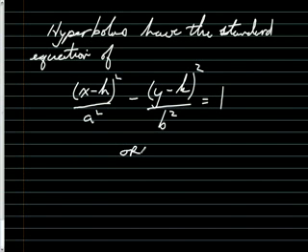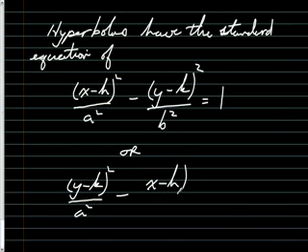Or, now this is a big or, okay? We might also have, now there's two ways to write this. I'm going to show you the way that I think is easiest to understand first. We're going to have y minus k squared over a squared minus x minus h squared over b squared, and that also equals 1.